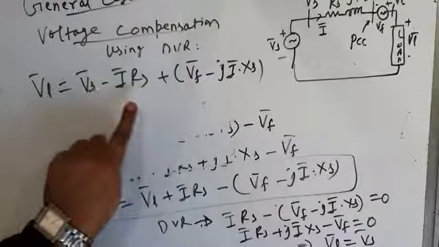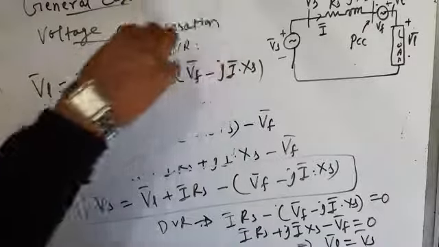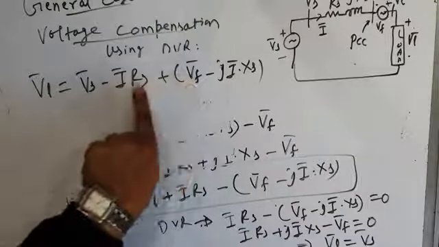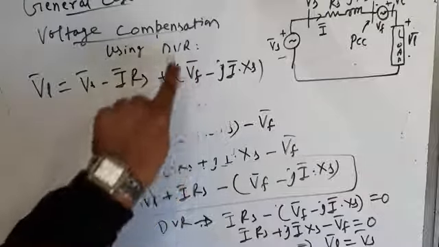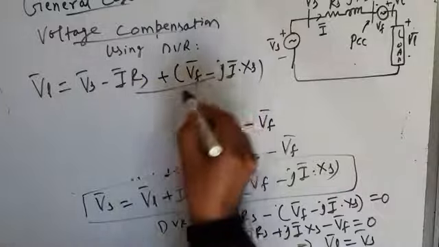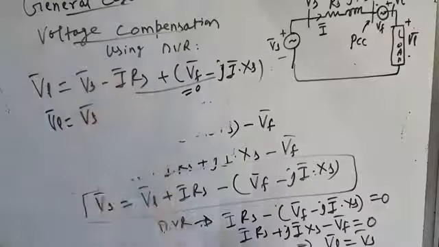Okay. And again, I tell you that this drop plus this will be equal to 0. DVR will try to make the resistive voltage drop plus reactive voltage drop plus this injected voltage, the phasor sum of the three, equal to 0. And when this is equal to 0, what will be your load voltage? It will be same as source voltage.